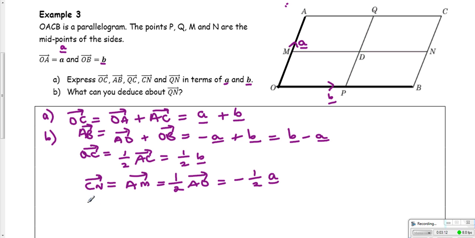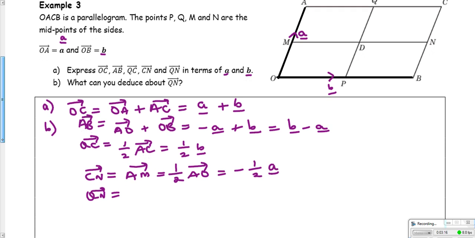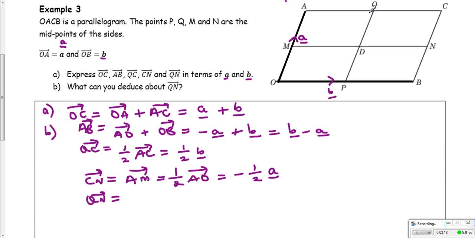The last one, QN. So to go from Q to N, from here to here, I'm going to have a look at the parts of the question before, and I'm going to use those to help me. So to go from Q to N, I can go Q to C, because I've already worked that out.